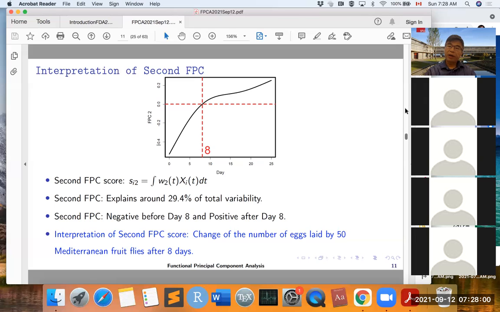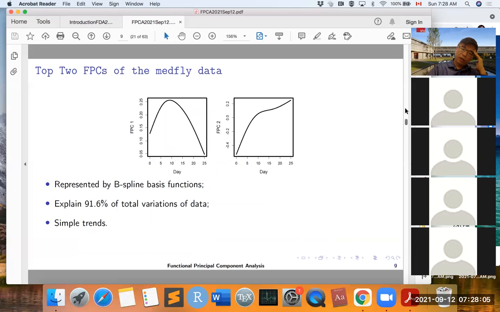The reason I spend a lot of time on this is that in reality, I find that for 90% of applications, most applications will have the same trend for the first LPC and the second LPC. For most applications, the first LPC will always be positive over the whole range, standing for the first LPC score being the weighted average of the whole curve.